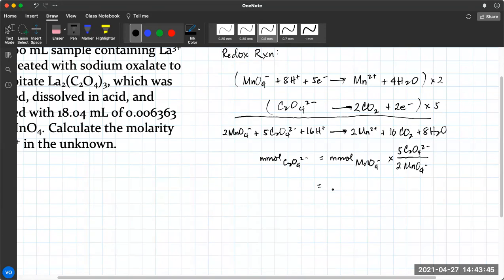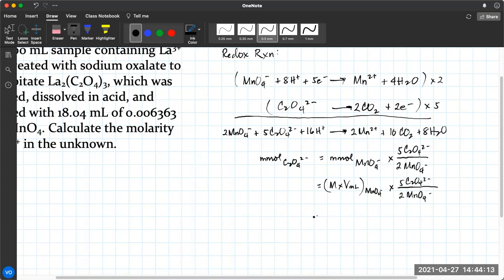The number of millimoles of permanganate will be molarity times volume in ml of permanganate, multiplied by our stoichiometric factor. Again, 5 moles C2O4 over 2 moles of permanganate.